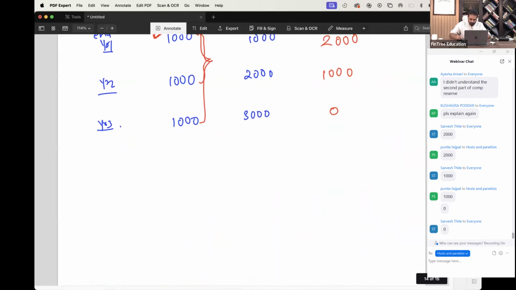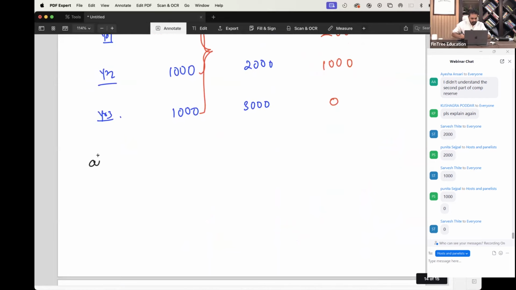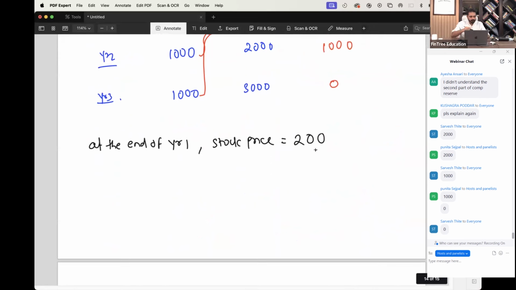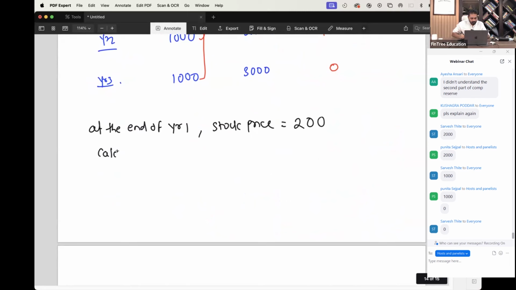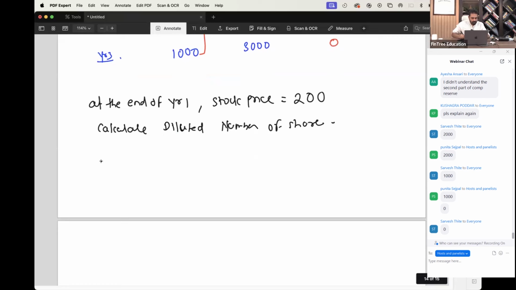So now, if up to this is clear, let us say at the end of year 1, the stock price has gone up heavily. It has become 200. Okay, now calculate diluted number of shares at the end of year 1. So here's the answer.